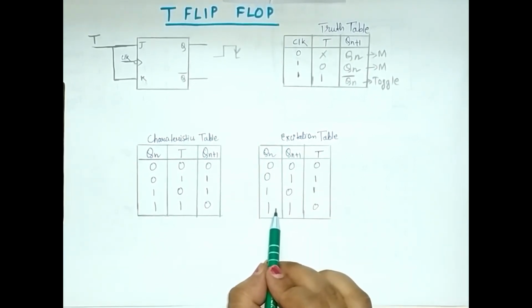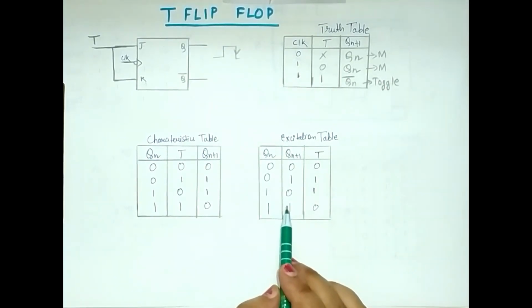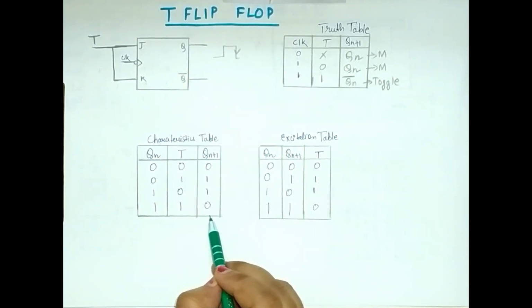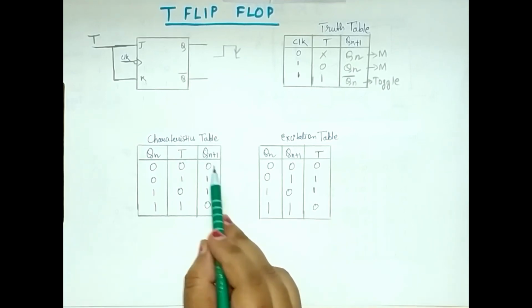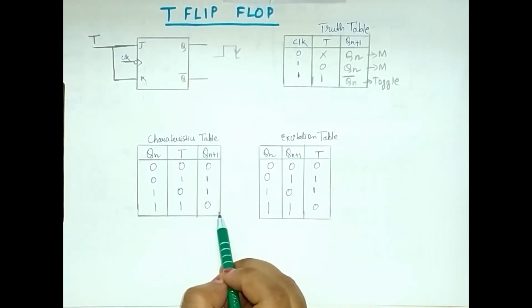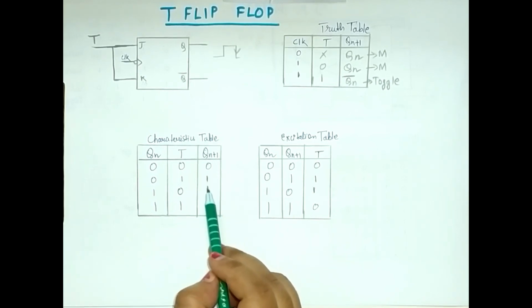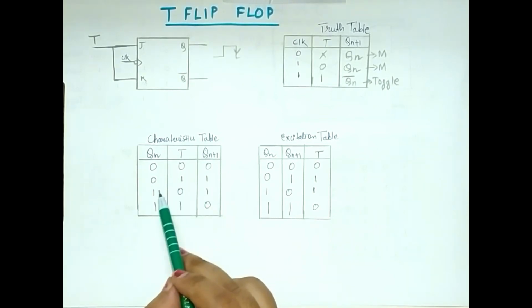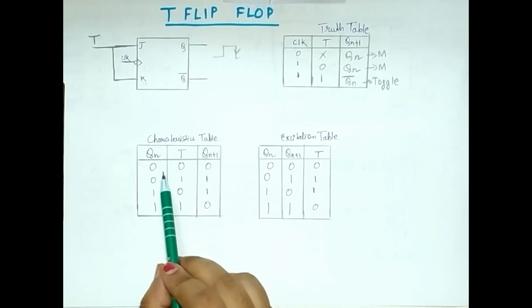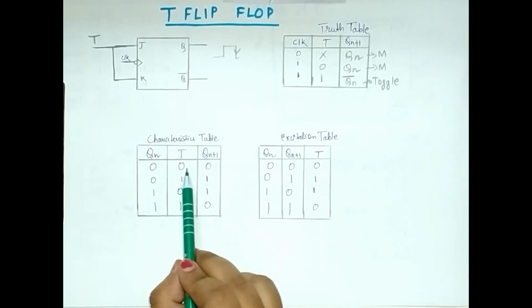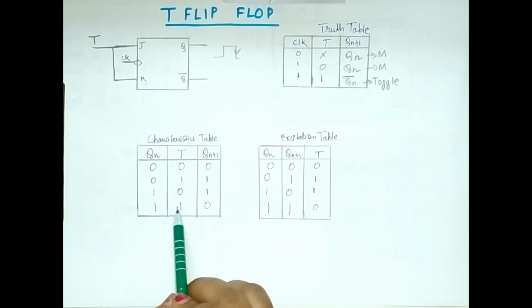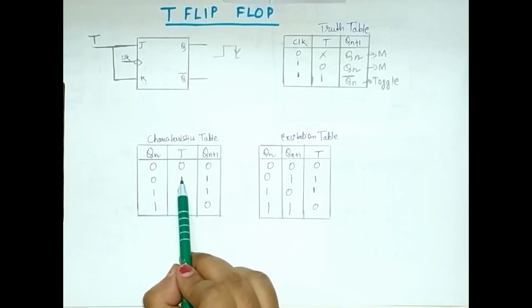Now if I have to write down the value of Qn plus 1, that is the characteristics equation, you can either draw the K map or look at the truth table very carefully. I get 1 when there is an odd number of ones in the input. Here there is no 1, so it is an even number of ones. Here we have two ones, so again an even number. Here a single 1 and a single 1.